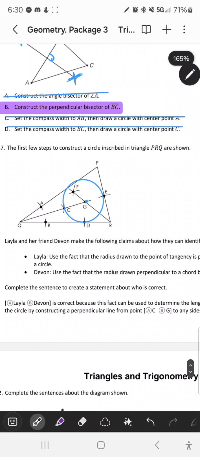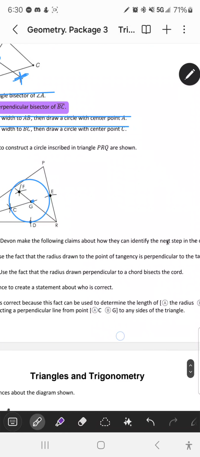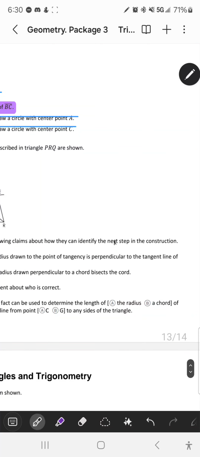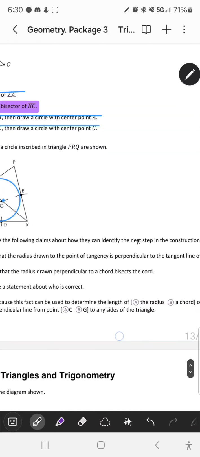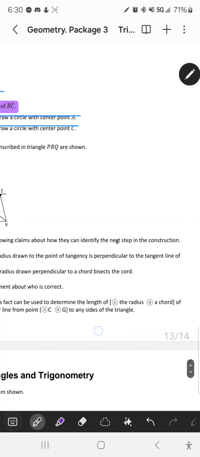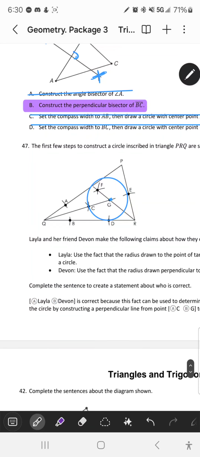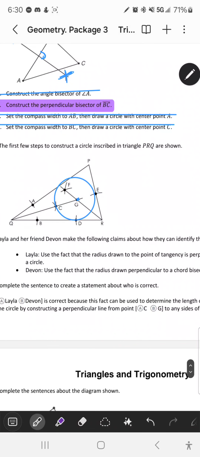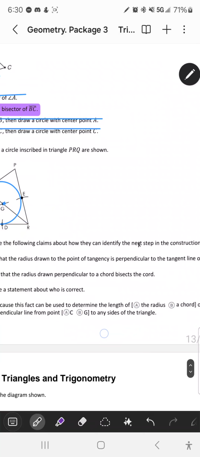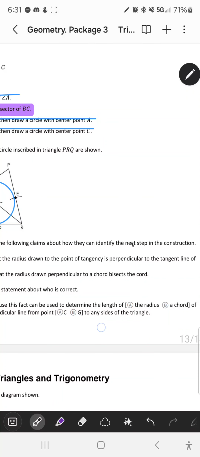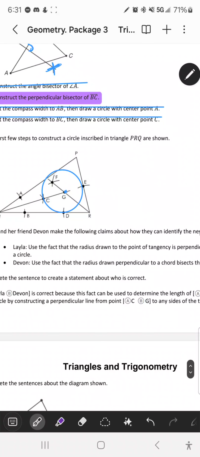So Laila used the fact that the radius drawn to the point of tangency is perpendicular to the tangent line of the circle.